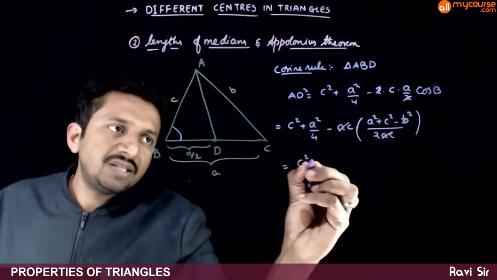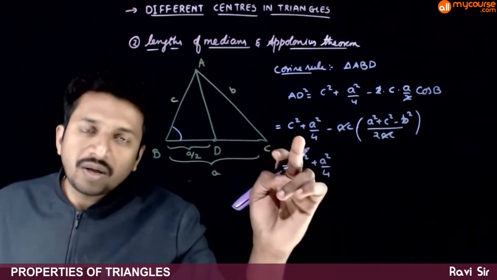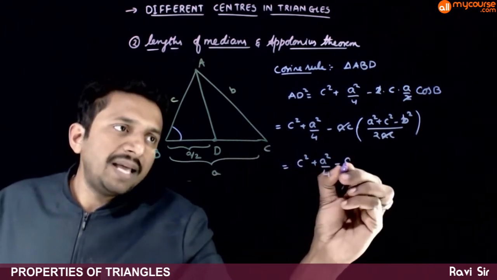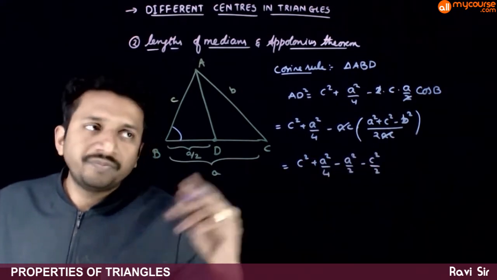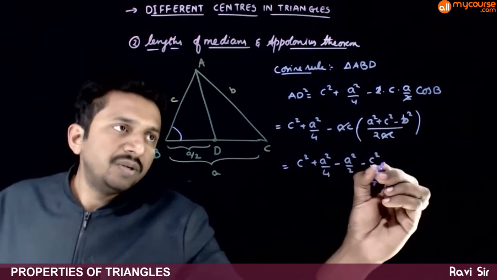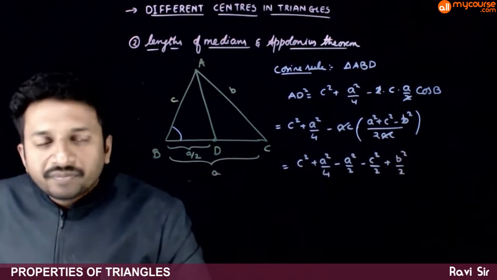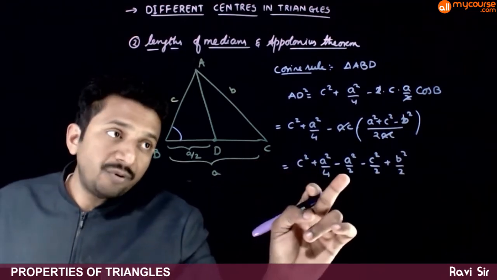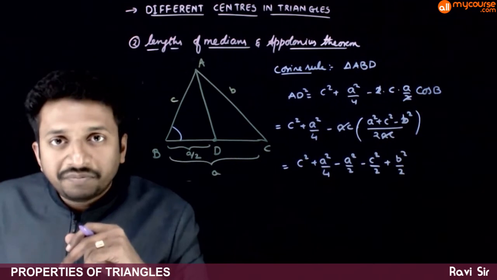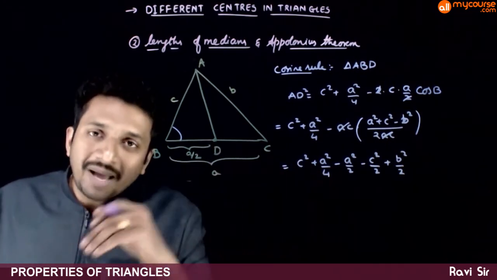That is equal to c square plus a square by 4 minus a square by 2 minus c square by 2 plus b square by 2. So c square minus c square by 2 is c square by 2. a square by 4 minus a square by 2 is minus a square by 4.